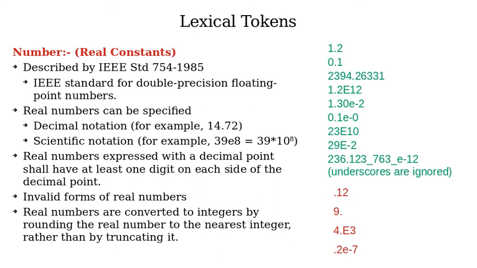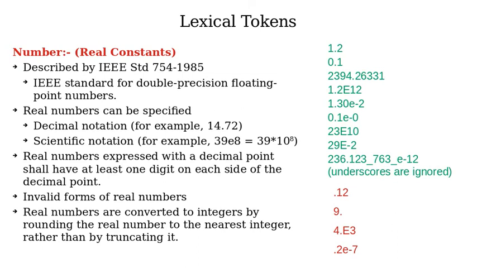As shown in the examples in green, all these numbers are legal for Verilog HDL. Invalid forms of real numbers are shown in red, where we can see that, as we have described, there must be at least a single digit on both sides of the decimal point.